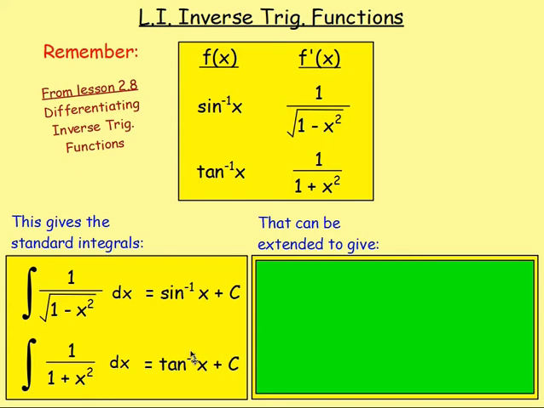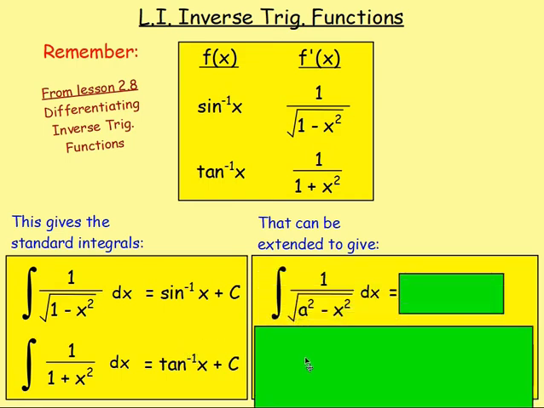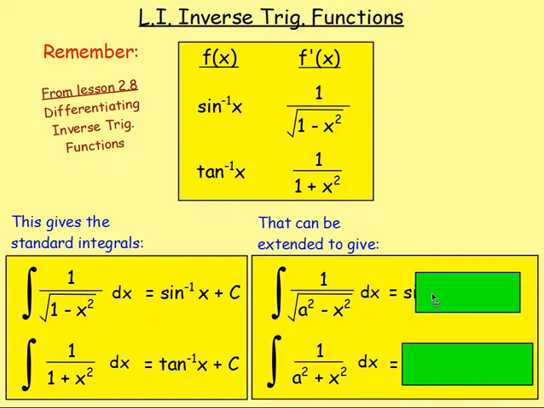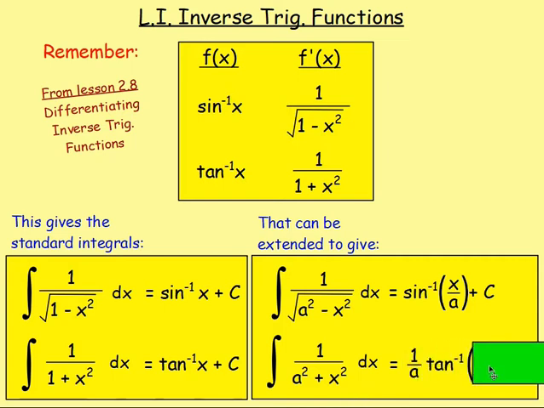What you can do is show that that can be extended: if you have instead 1 over the square root of a squared minus x squared, that gives sine to the minus 1 of x over a plus c. And if you integrate 1 over a squared plus x squared, that gives you 1 over a tan to the minus 1 of x over a plus c.